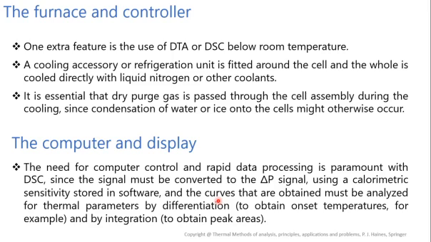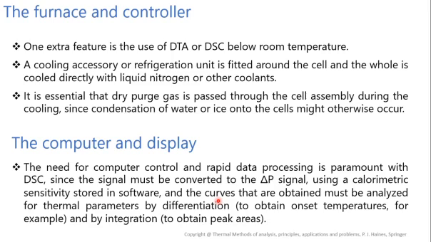Then the next one is the computer and display. The need for computer control and rapid data acquisition is most important with DSC, since the signal must be converted to delta P. Why is this required? The temperature signal should be converted into a power signal, and that's why we need some kind of sophisticated computer control.